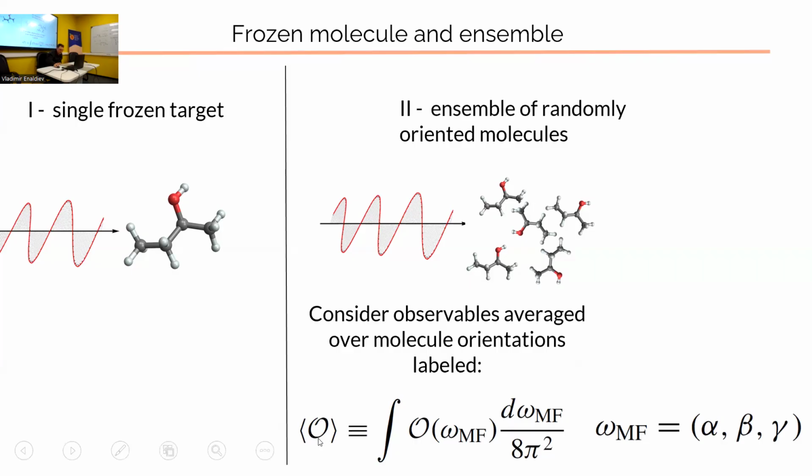If we have some observable O for one molecule, this bracket represents averaging over molecular orientation. As we know, the orientation of an object is defined by three Euler angles. So we just integrate over these three Euler angles, which represent the concrete orientation of the molecule.